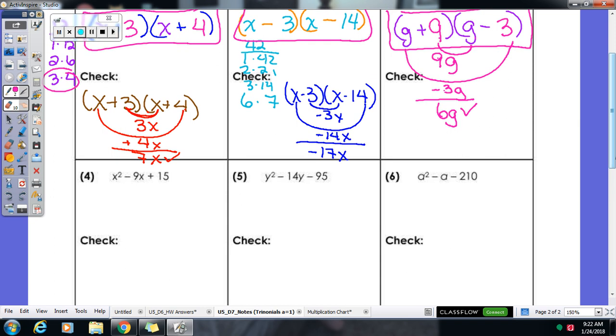Okay, let's try number 4. So I set up my two sets of parentheses there. What are our signs going to be? Both negative. And to get us our x squared, it would be x minus and x minus. What multiplies to give us 15?